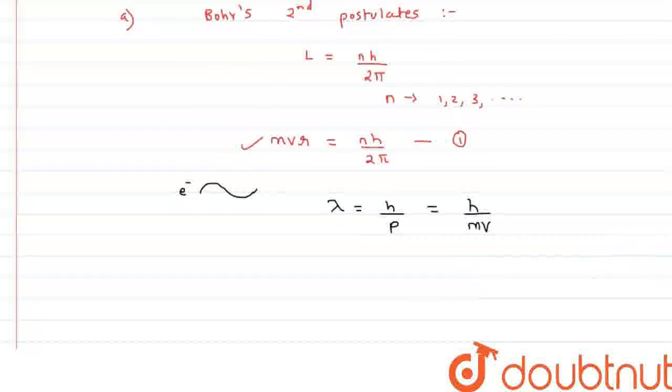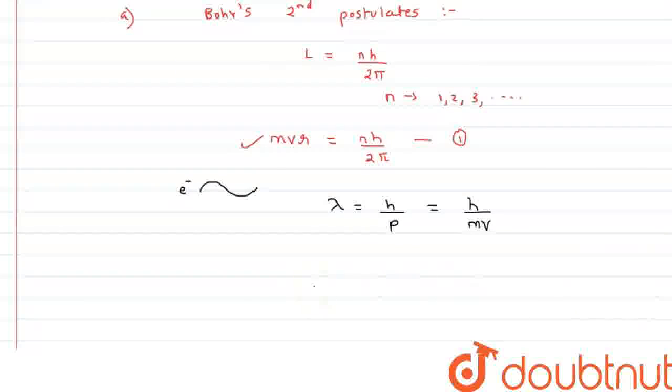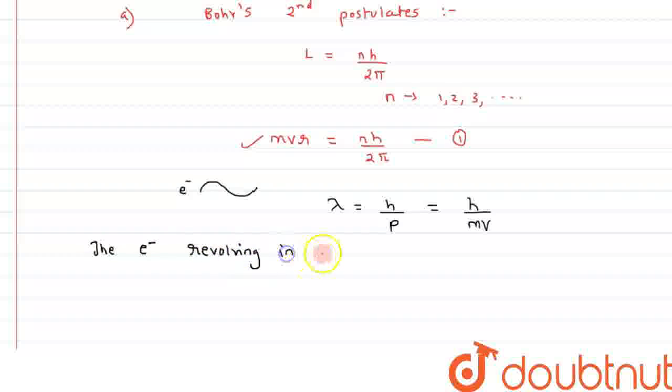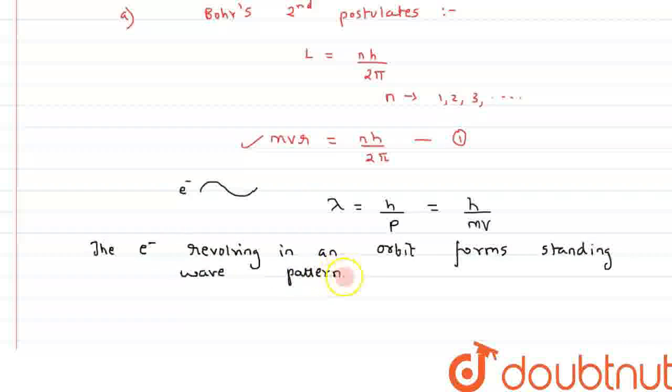So let's try to visualize what exactly de Broglie did. De Broglie argued, so we can write a point over here: de Broglie said the electron revolving in an orbit forms a standing wave pattern, or we can say it forms a stationary wave pattern, which we have already studied about.